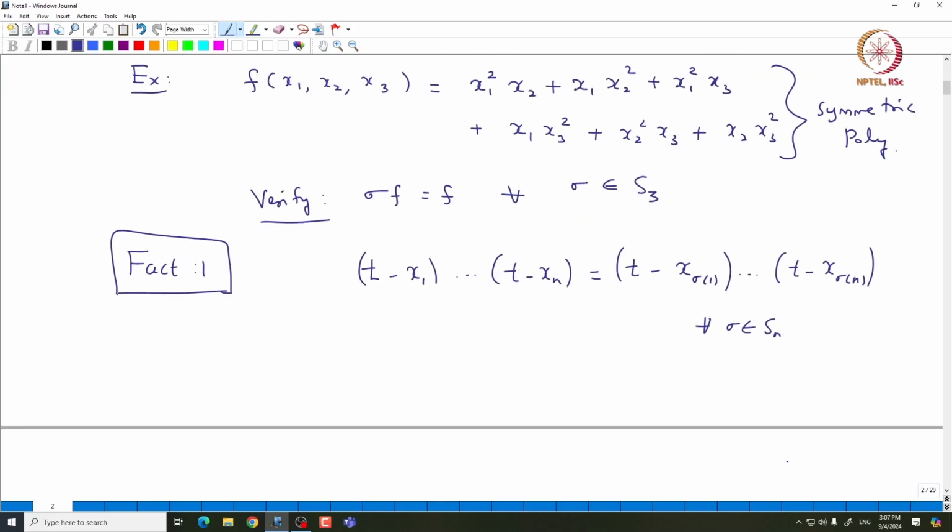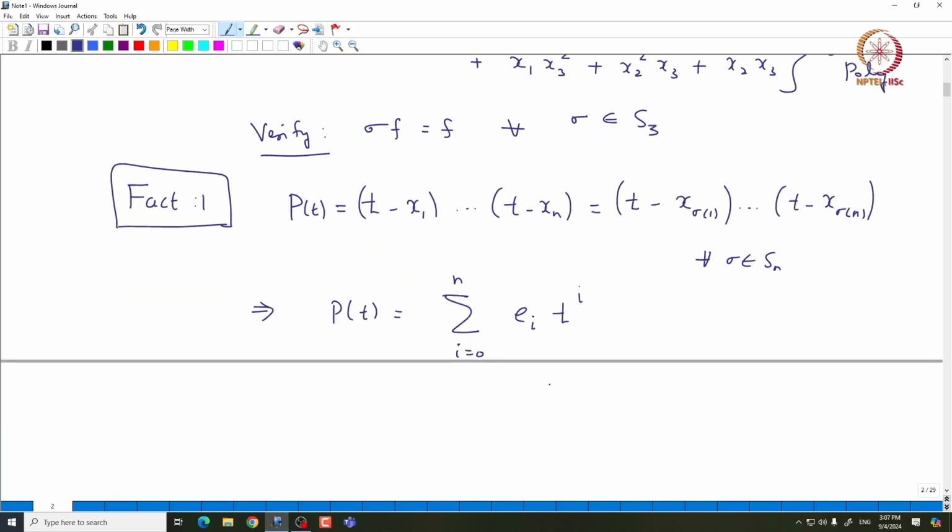Using this, if you call this polynomial p of t, you can write p of t as a summation of coefficients E_i times t power n minus i, where i ranges from 0 to n, with the sign minus 1 power i.